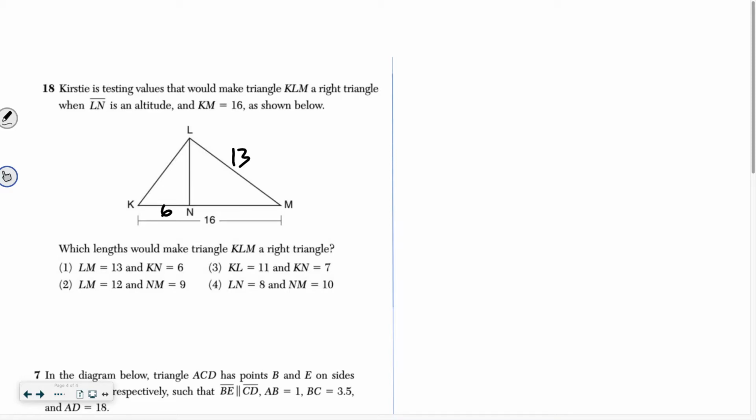If you were to try this, you got to set up a ratio that works. Well, if this is true that KN is 6, then this means that this piece is 10, right?